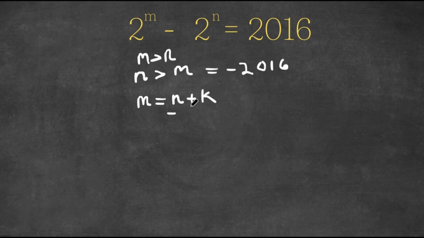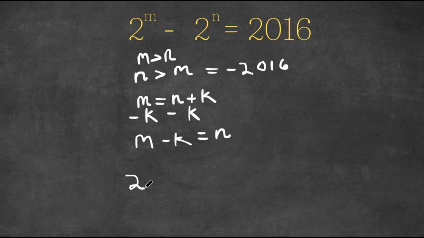So now if I subtract k on both sides, I get m minus k is equal to n. So now I'm going to replace m with n plus k.